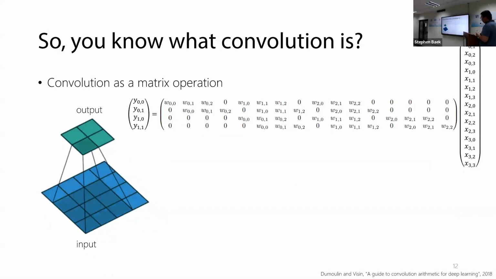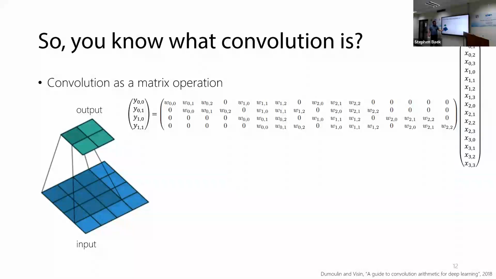So here is a revisit of the convolution operator. In the usual forward convolution, we have an input image, and let's say we have a 3x3 convolution kernel. What happens is we slide that 3x3 kernel over the image.